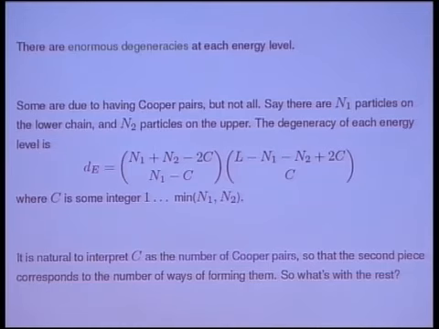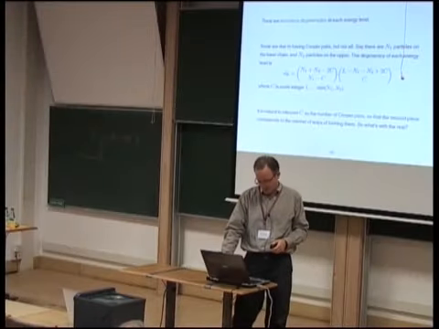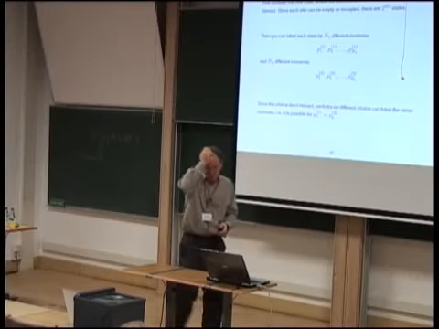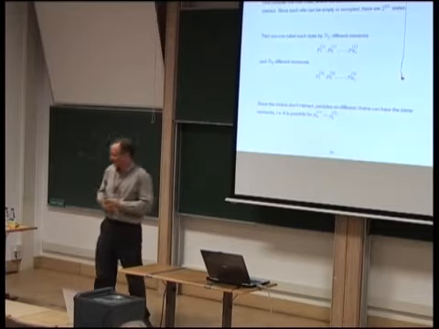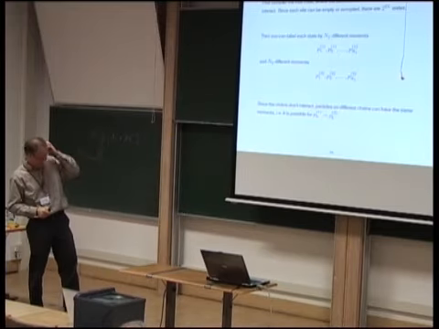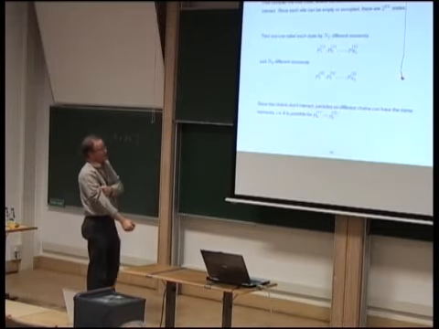So that's the formula there. When you stare at it for a minute, this number C is the number of Cooper pairs. And so this has something to do with the 2 to the L that I talked about. But then the story is even a little bit richer.